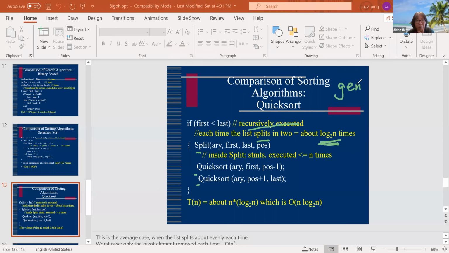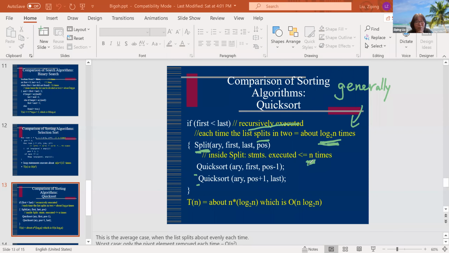That's just general, so be very careful here. Generally speaking it is log 2n. For the split operation itself, you remember it's a scan from right and a scan from left. When you do the scan, at most it is n, because the length of your array is n.